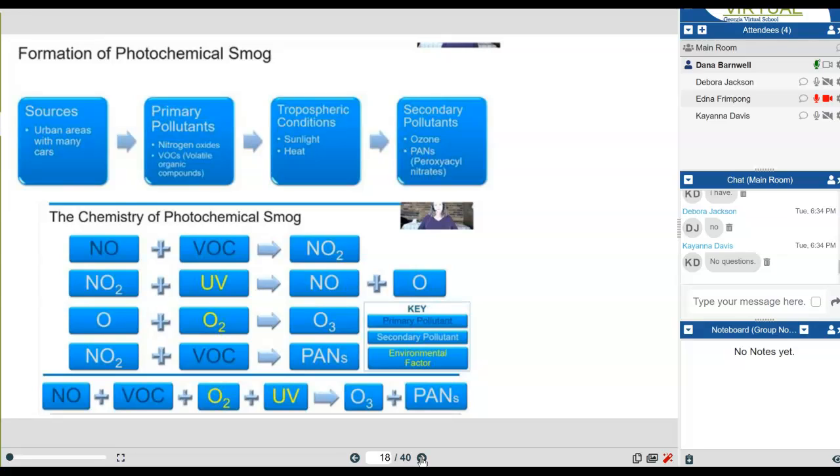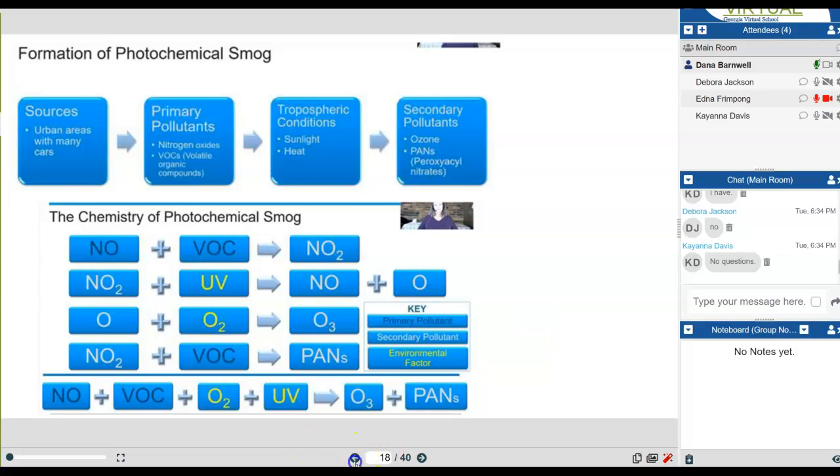Now, when you first see this schematic, it looks a little overwhelming to me, but if you take the time to go through and watch that AP Daily video, I personally, as an AP Environmental Science teacher, think this is one of the best overall descriptions of how photochemical smog is produced, because it gives you two or three different ways to think about it.